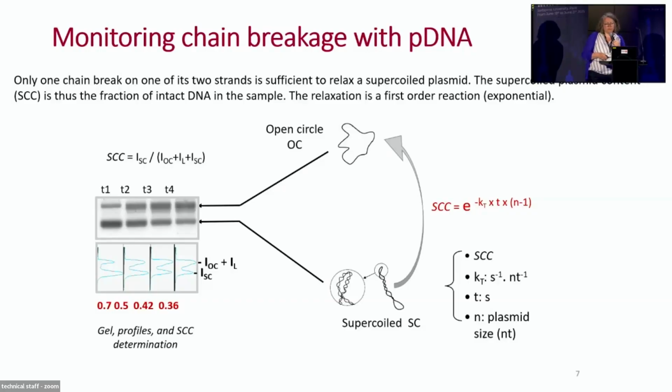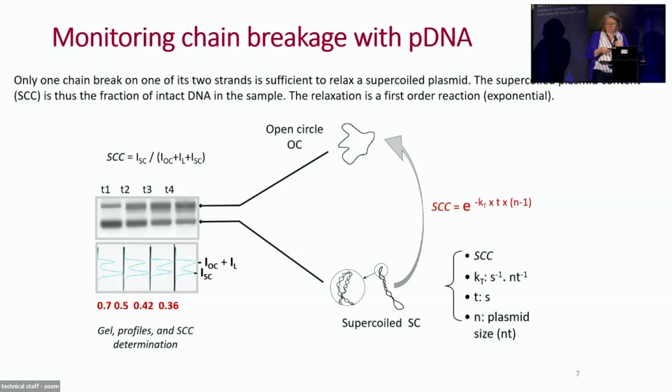The first molecule that we used is supercoiled plasmid DNA, because in this supercoiled form, you only need one break on one of the 2 strands to go to the open circle form. And it's really practical to distinguish them on a simple gel, so it's really easy. With that, we can monitor the chain breakage rate, the number of breaks per nucleotide per second, and it's really sensitive.